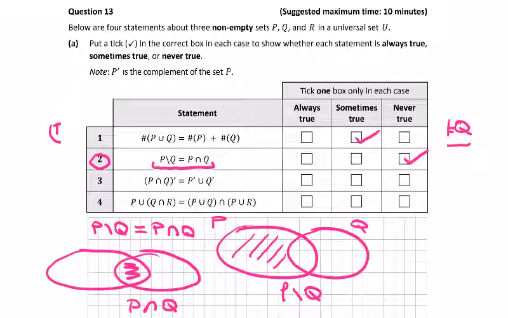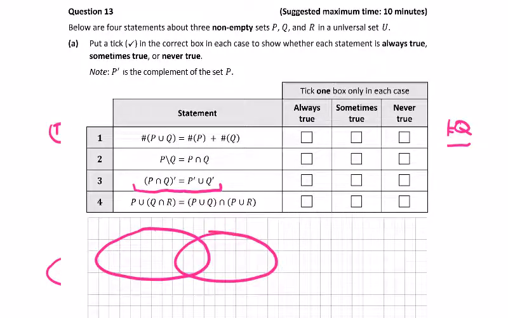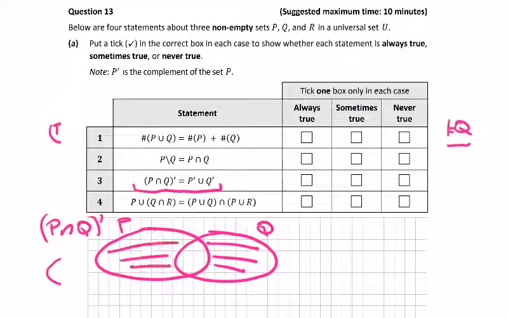Let's look at the next one now. P intersection Q complement is equal to P complement union Q complement. Okay, let's do two scenarios. So let's do P intersection Q complement. P, Q. Everything outside P intersection Q is P intersection Q complement, so here and here.